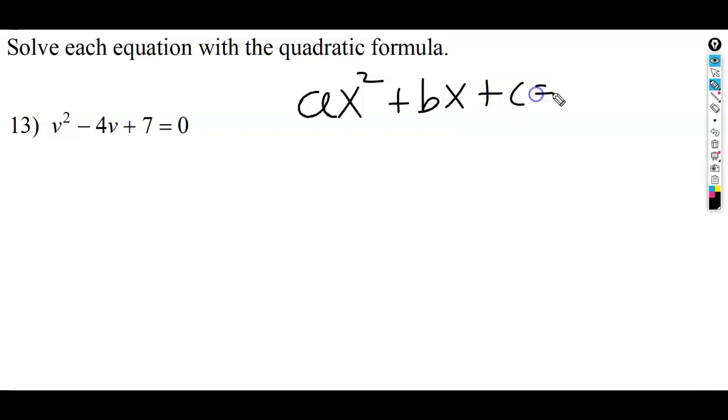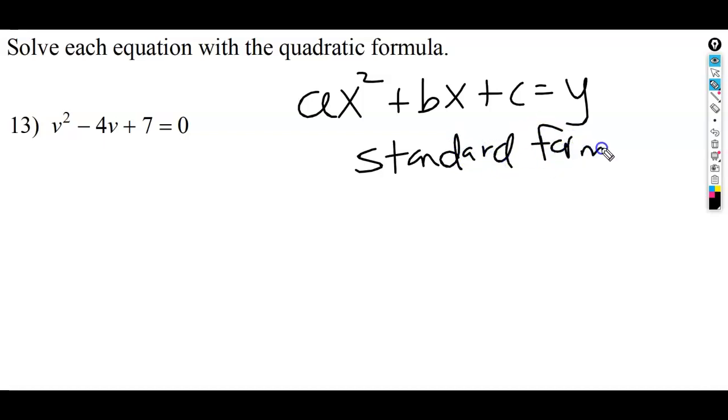This is what we call standard form, the standard form of a quadratic equation. There's another form which we'll talk about next week in our next lesson called vertex form. But this week we're focusing just on standard form.